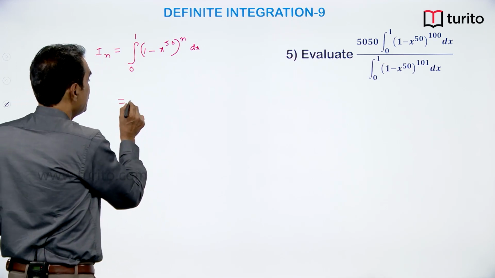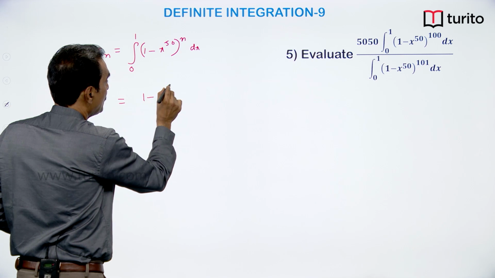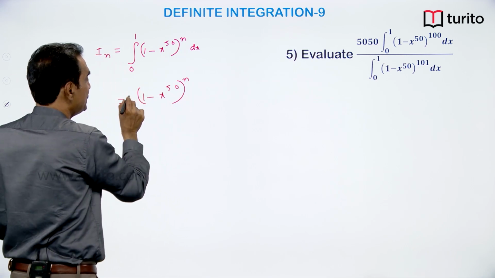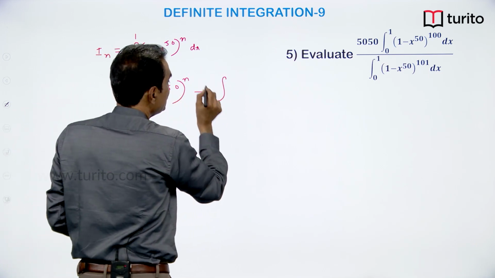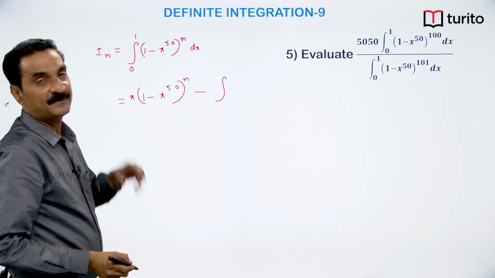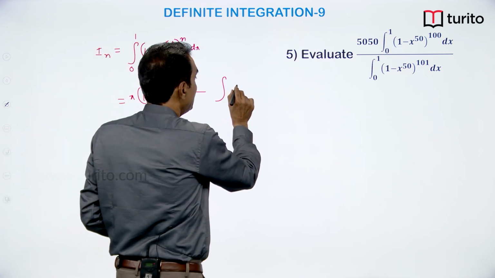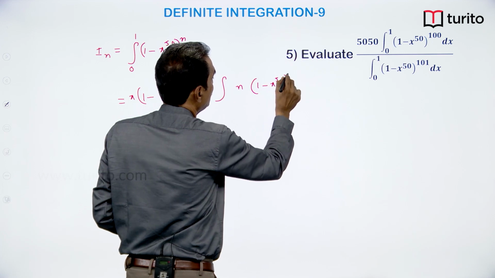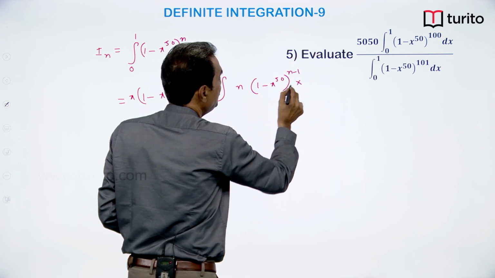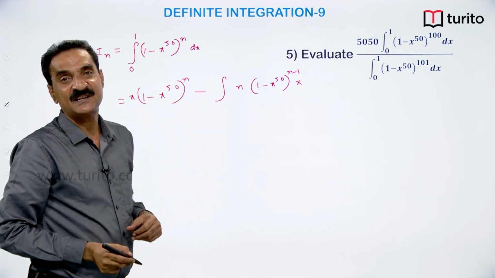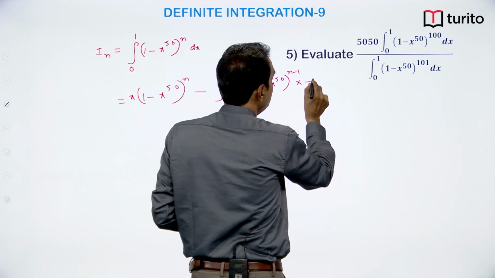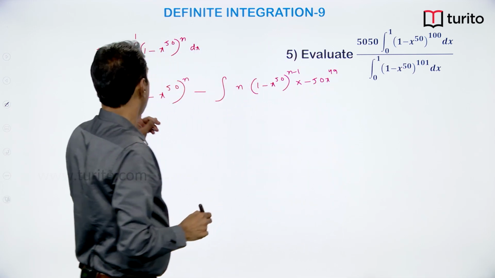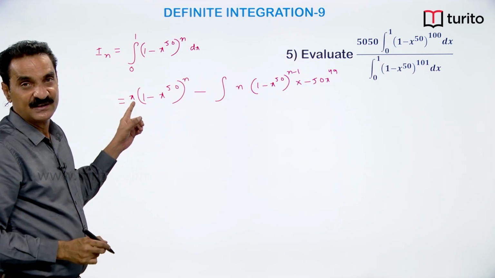Then you will get first function into integral of the second function is x, minus integral derivative of the first function is n into (1 minus x power 50) whole power n minus 1 into derivative of 1 minus x power 50 is minus 50 x power 49 into integral of the second function is x.